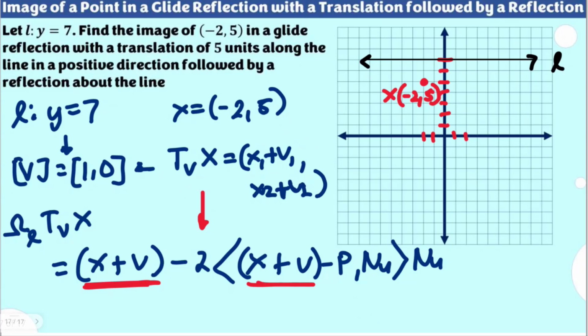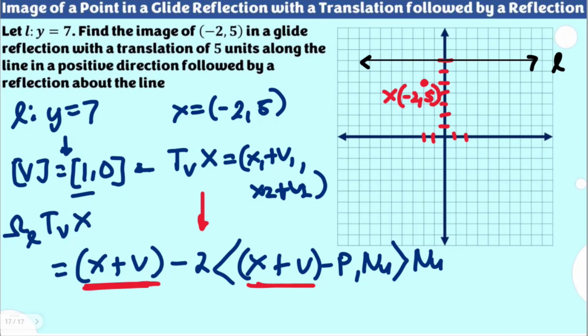Even if this is a vector and that's a point, for the concept of translation, we can combine them. But there is another consideration: the translation must be 5 units along the line in a positive direction.